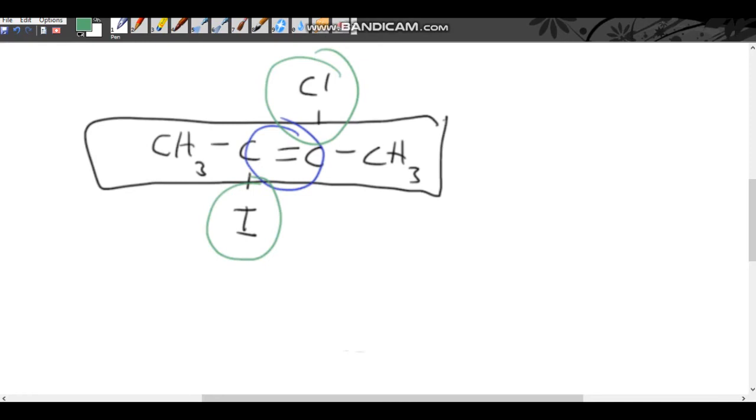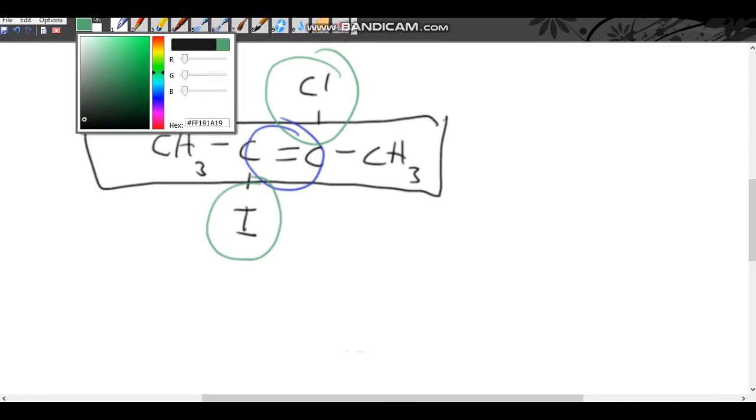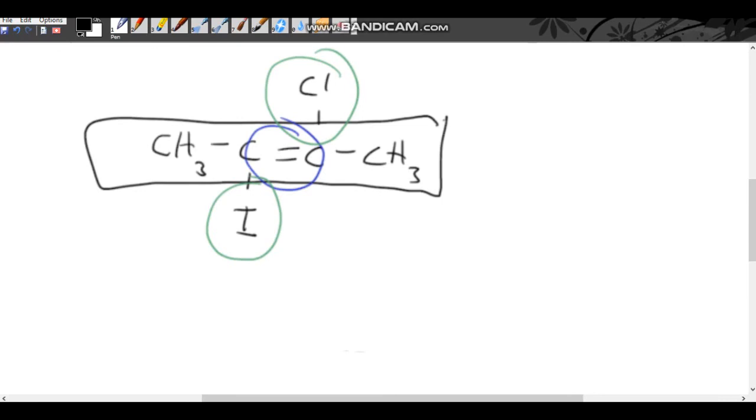So in terms of naming this, by the way, chloro comes first before iodo because of the alphabet.